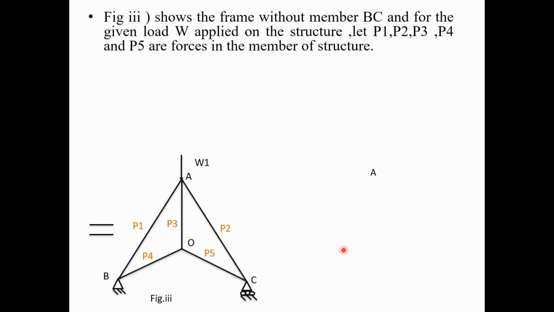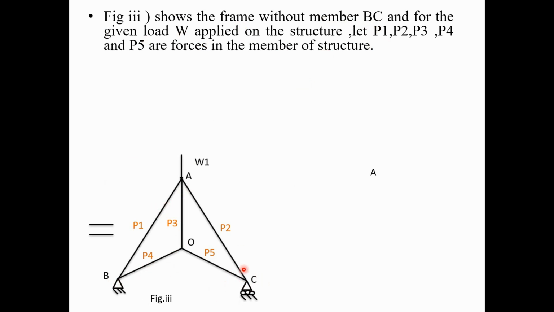The next, figure 3, shows the frame without member BC, and for the given load W applied on the structure, let P1, P2, P3, P4 and P5 be the forces in the members of the structure. So in the analysis, the next step is that we have to remove the redundant member totally from the truss. Here you can see the figure where member BC, which is redundant, is totally removed from the structure.